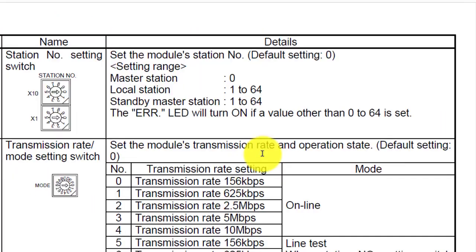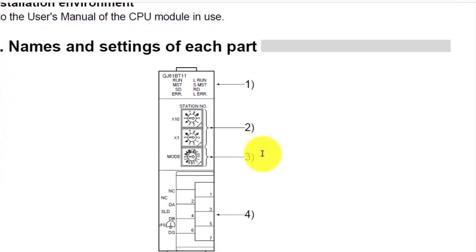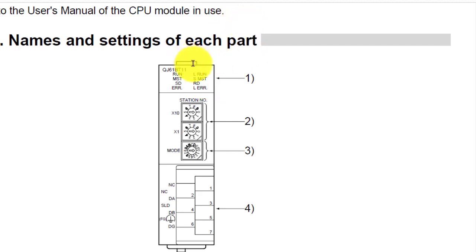This is the module front view, these are the light indicators, and this is the station setting. If you want to use it as a master, you have to set station 0. This is the mode, and these are the communication terminals.